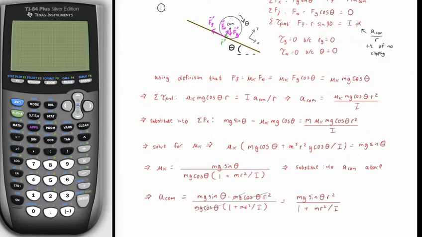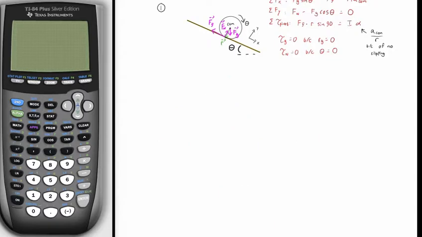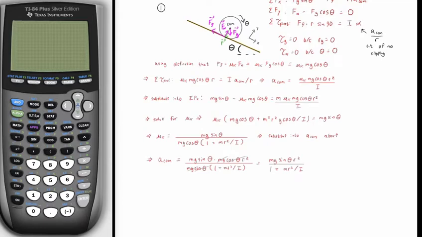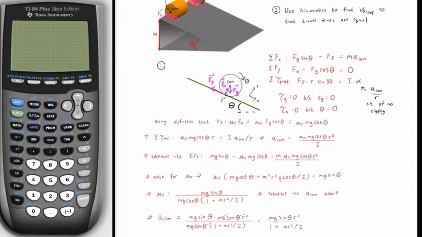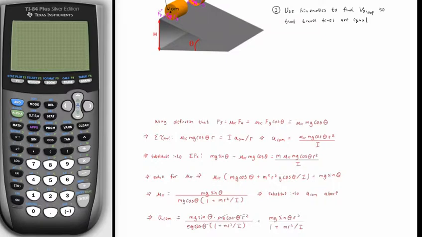Now let's shrink our font size and move on to using that information in the context of kinematics to solve for part 2, which is the initial velocity of the hoop.